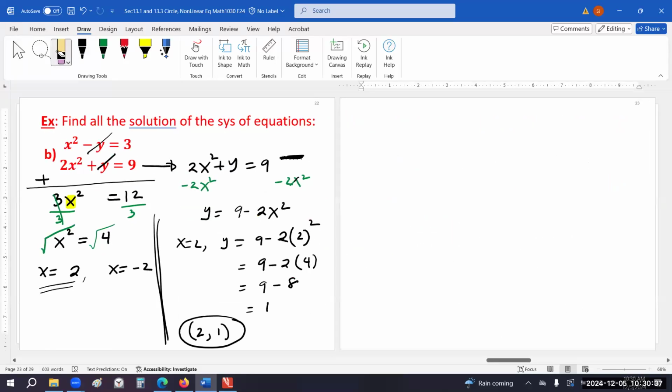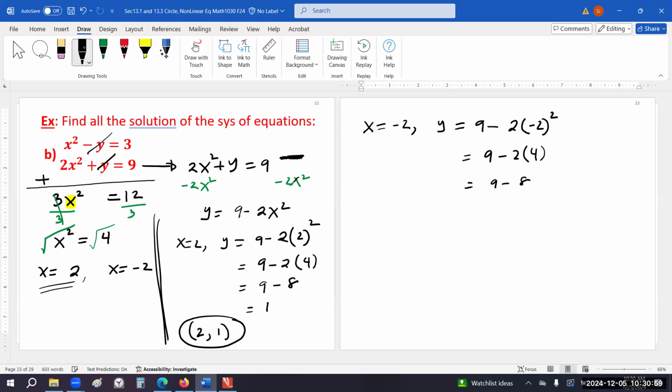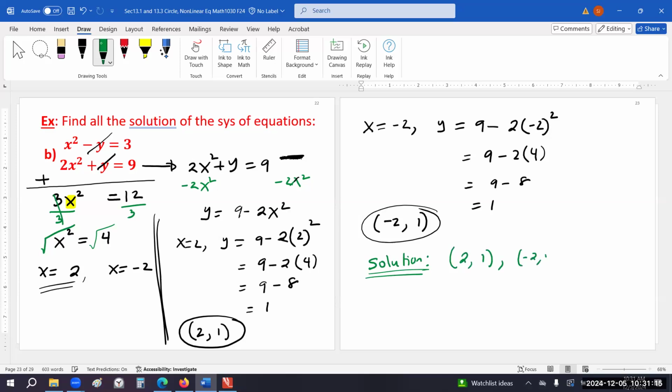But we're not done because we have another x value. When our x is negative 2, y is 9 minus 2 times negative 2 squared. We do the same thing, and eventually we get the same exact number. So putting them together gives us (2, 1) and (negative 2, 1).